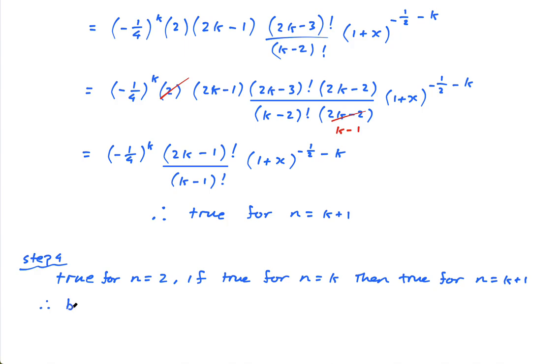Therefore, by the principle of mathematical induction, because you write out those three words in an exam, true for all n where n is an element of the integers and n is greater than or equal to 2.